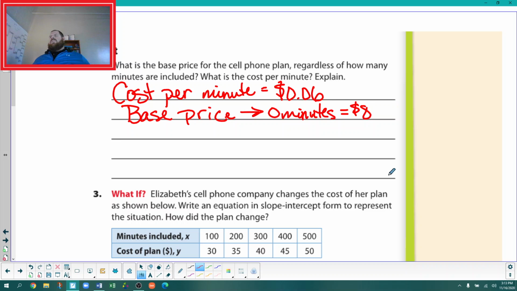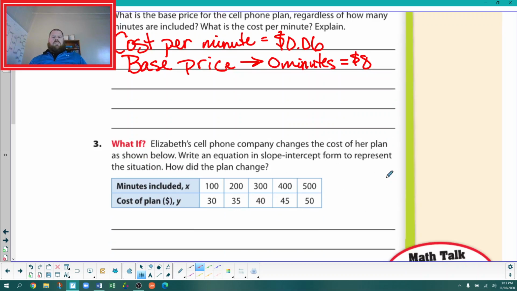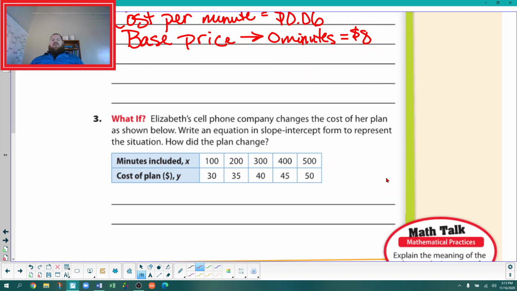So if she just gets the phone, maybe she just wants it as a Wi-Fi device, always connected to Wi-Fi, there's no minutes to be bought, no data, no messages. $8. What if Elizabeth's cell phone company changes the cost of her plan to this one shown here?